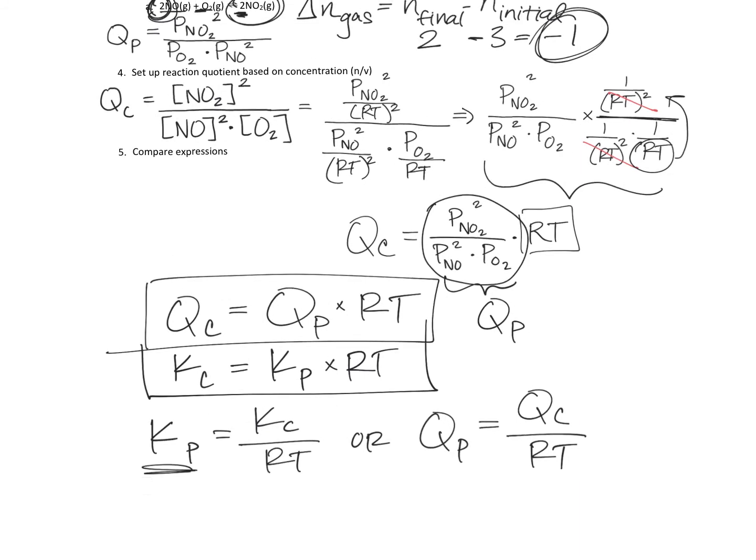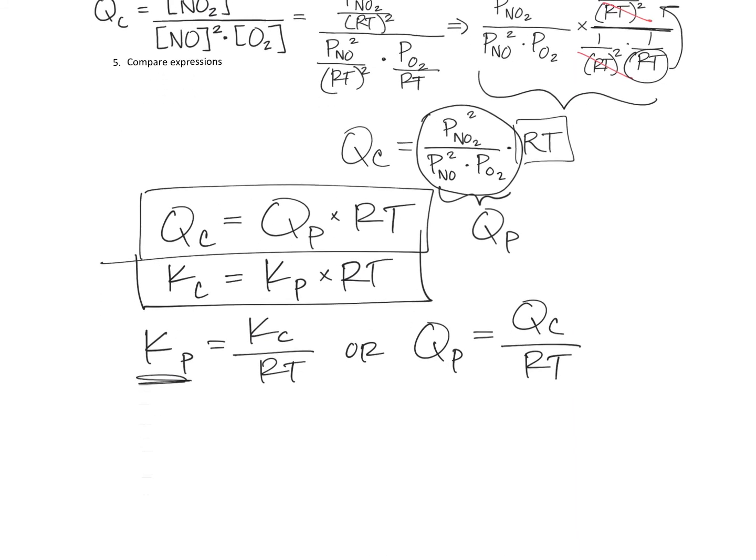All right, keeping that in mind, if I want to know what my general Kp and Kc relationship is, it's essentially Kc times RT to the change in moles of gas.